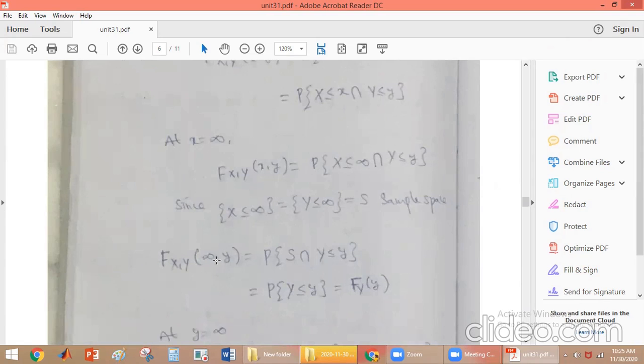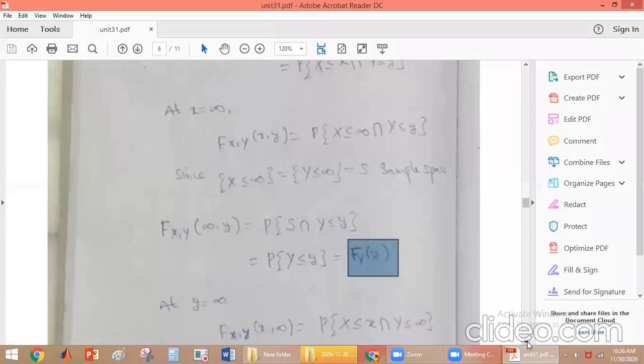So if x is equal to infinity, the joint probability distribution function is the cumulative distribution function at y. So the joint probability distribution function becomes the cumulative distribution function if x is equal to infinity.